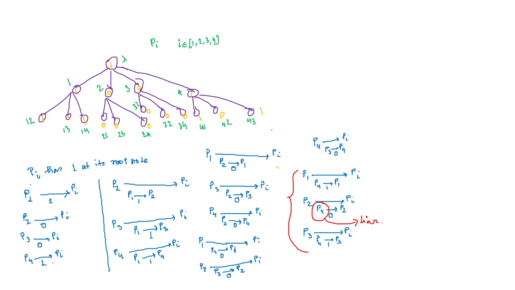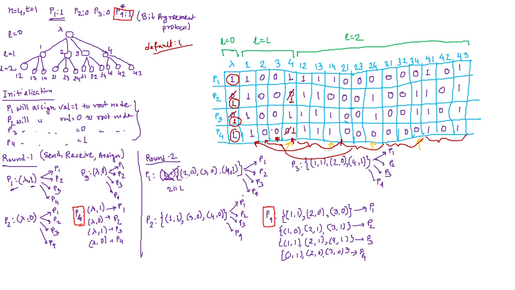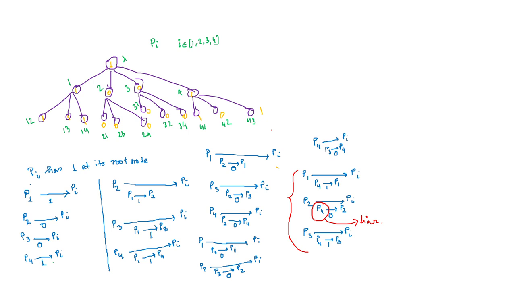You can try on yourself by looking at the EIG tree of some other honest party, say P2 or P3, and try to find out which one is the corrupt party by looking at their EIG tree. Similarly, by looking at the EIG tree, you might also find out whose EIG tree it is, by looking at the entries of the EIG tree, and the entries are before the new value reassignment to the nodes.